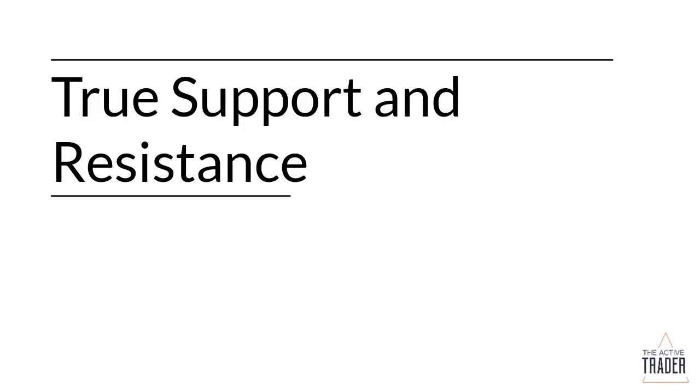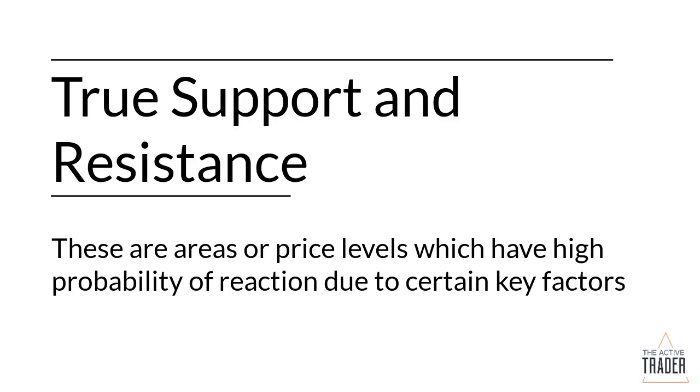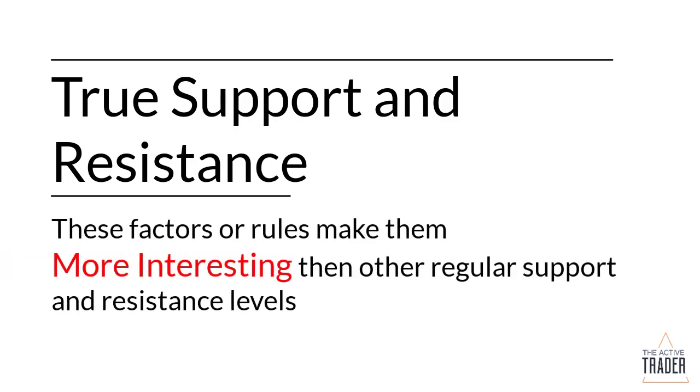Now that we have understood what is support and resistance, you must be wondering what is a true support and resistance. True support and resistance are areas where price has a very high probability of reacting due to certain key factors. These factors or rules make these levels more interesting than other levels.